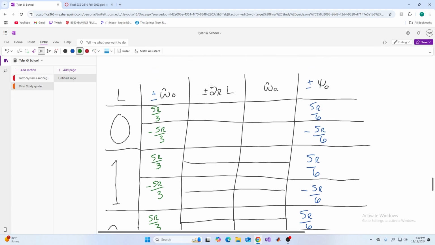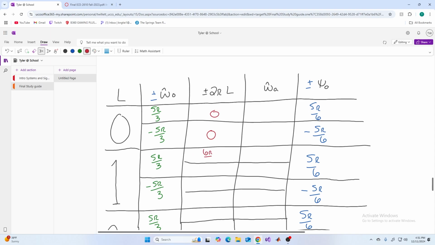The next thing we do is start filling in all these values here. So L is 0, so these values are going to be 0. So 0, 0. Now the next one, we have 2 pi. I'm going to show you a little trick. Yes, you can just write this as 2 pi, but it's much better if we make common denominators because we're going to need to add these.